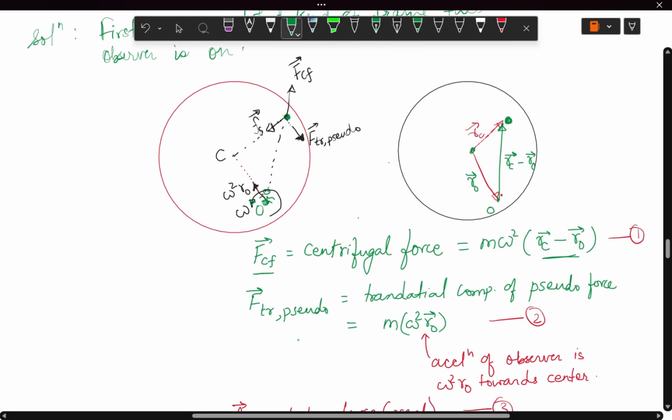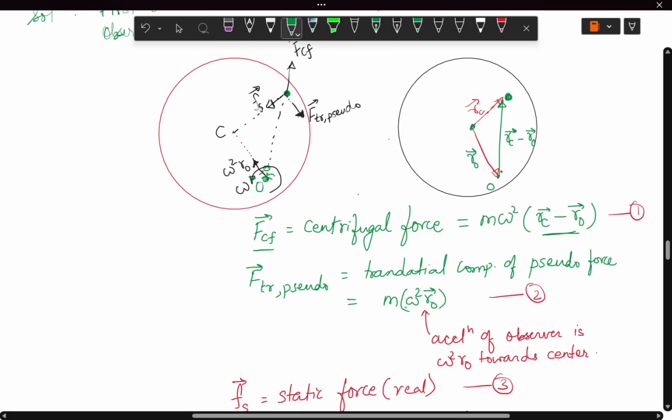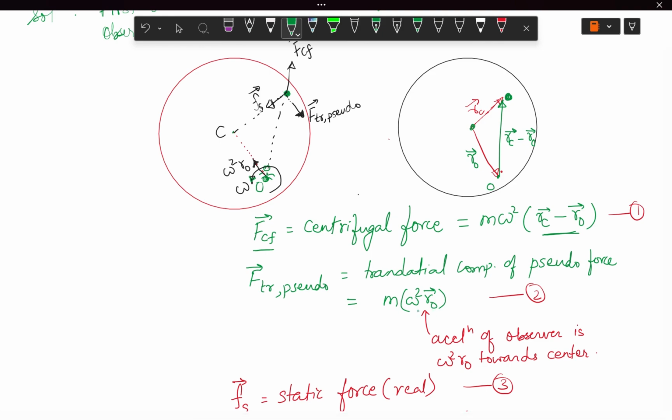And what is the translational component of the pseudo force? It is m omega square r naught vector. Why? Omega square r naught is the magnitude of this acceleration towards the center, and the r naught vector I have taken away. We know the translational component of the pseudo force is minus m times acceleration, and the acceleration is in this direction.